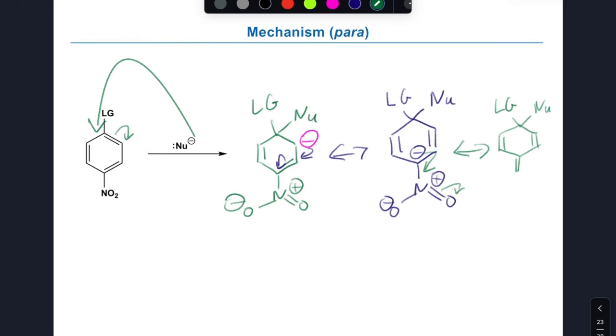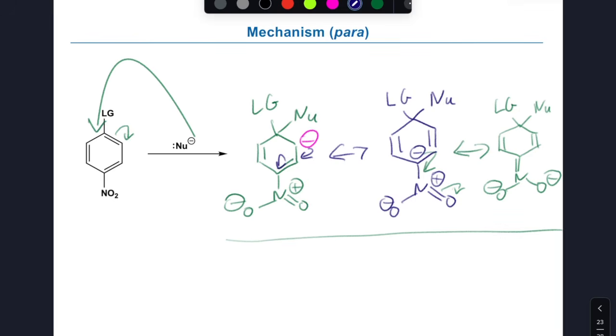So now, because of this nitro group, we have this series of other electron withdrawing participation where we're pulling that negative charge. The required negative charge we form from this addition is actually being stabilized by delocalizing out via the pi system.